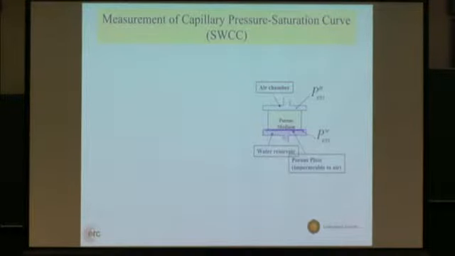About the capillary pressure saturation curve. So I said that they say Pn minus Pw must be a function of saturation. The way these capillary pressure curves are measured is that you take a sample of soil, put it between two reservoirs. This could be air, could be oil, could be the non-wetting phase. And here is water.